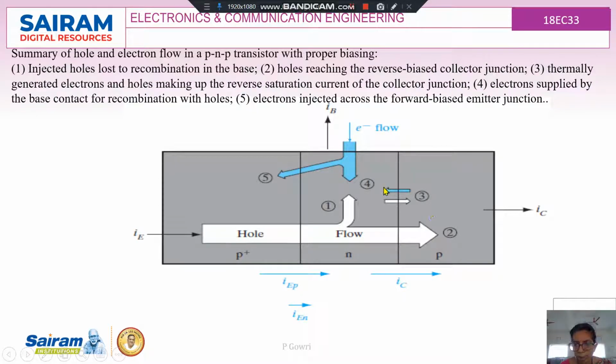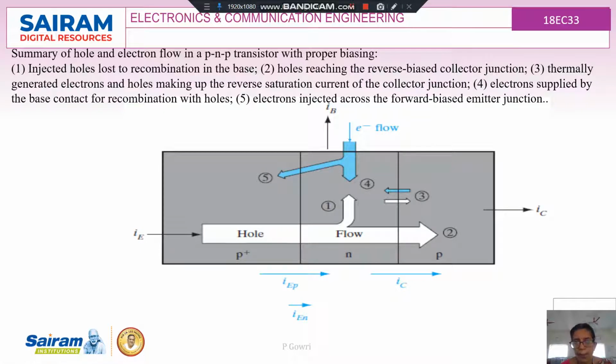The third component is the thermally generated minority carriers, which result in the reverse saturation current here, and the electrons will be supplied by the base contact, which results in the IB current. So finally we can see that the IC current plus the IB current is nothing but the total current in the emitter. So IE is equal to IB plus IC.